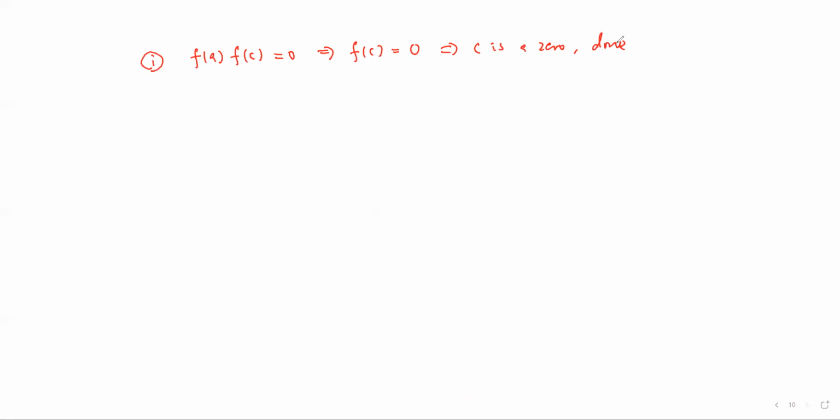But in real life computation, this case usually doesn't happen. Why? Because of round-off error. The chance to exactly get f(C) equal to 0 is very poor because of round-off error.